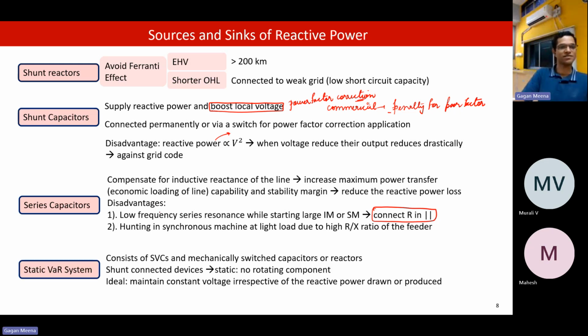Then the next one is static power systems. They consist of static power compensators, which are power electronic devices. Generally, they have the thyristor controlled reactor, TCR, as one, and TCSC as another. They consist of power electronic devices and also some switched capacitors or reactors.